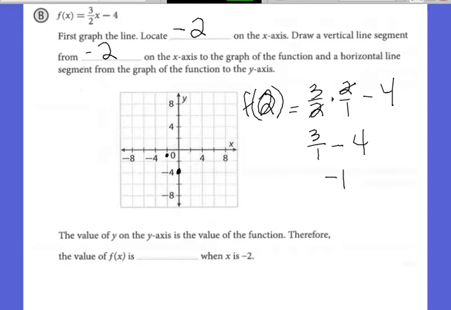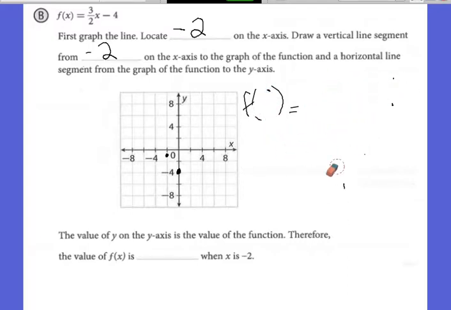All right, let's jump up a little bit further here. Let's try to go a little bit further ahead, and let's try 4. So f of 4 means 3/2 times 4/1 minus 4.